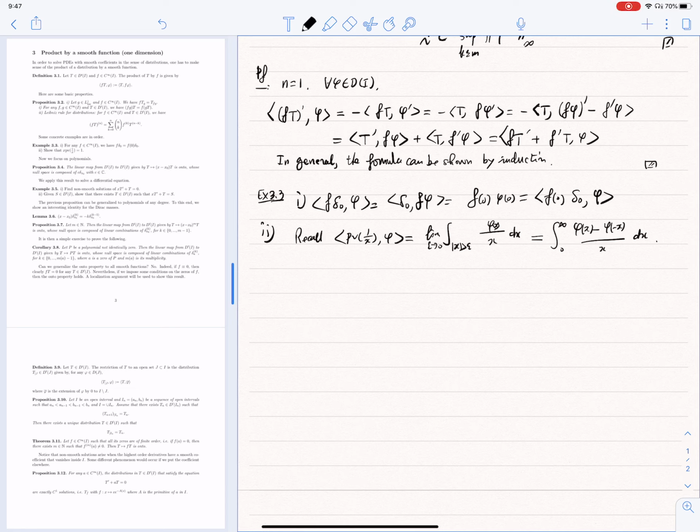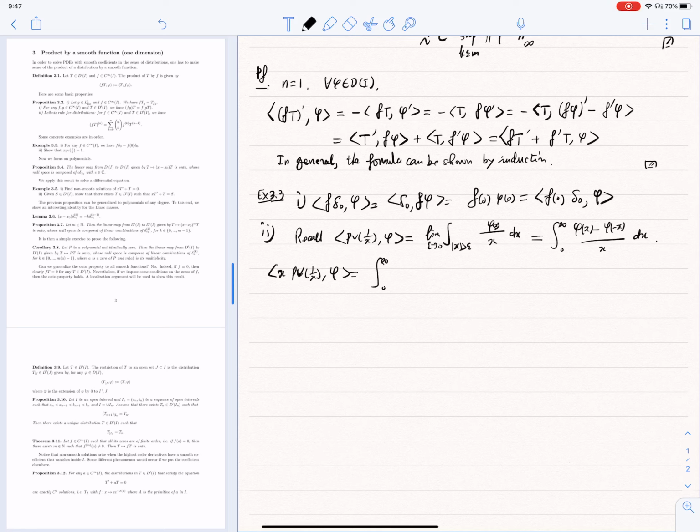So in this case we are going to consider x PV 1 over x applied to a test function, and we should have PV 1 over x applied to x times phi. We're going to make use of this formula, which says the integral from 0 to infinity, where the numerator is the value of the function at the point x minus the value of the function at the point negative x.